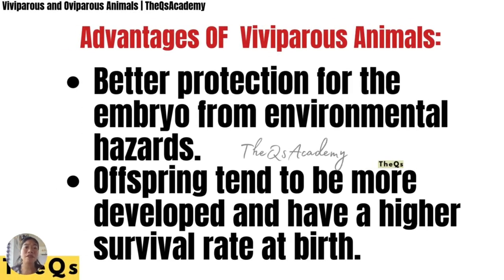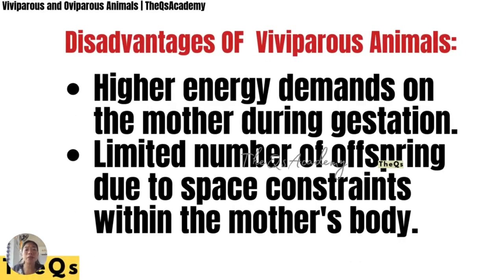So we have the advantages of viviparous reproduction. It has better protection for the embryo from environmental hazards. Offspring tend to be more developed and have a higher survival rate at birth. Of course, because it develops inside the mother's body.